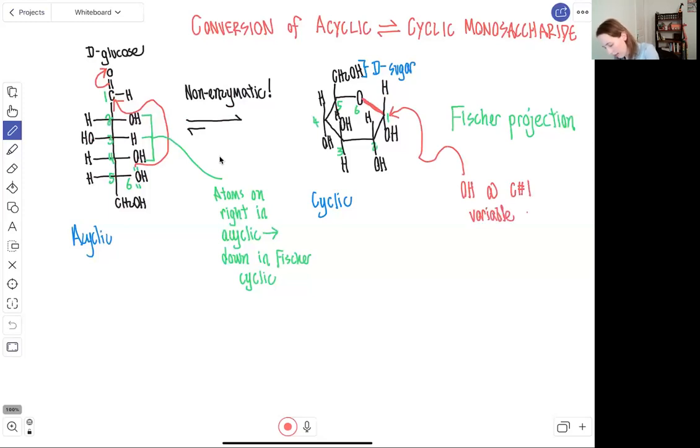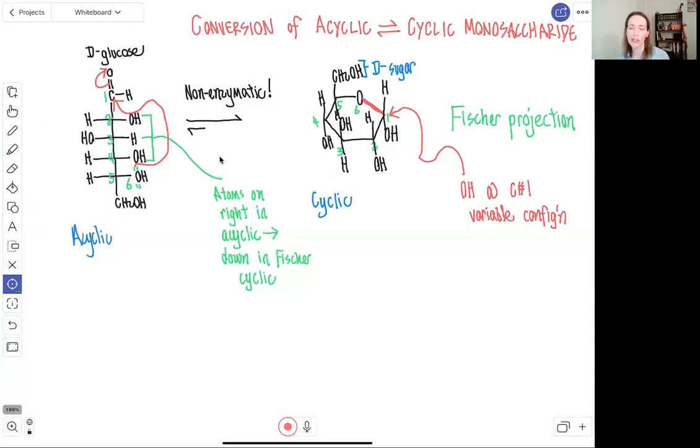The configuration of that, up or down in other words, is not locked into place because of the way that the reaction occurs. The reaction is creating that chiral carbon at carbon number 1 from scratch. So that has variability, and due to that variable configuration, we have two possible structures that can result from cyclizing D-glucose. We have the one that I have already drawn, this structure right here.